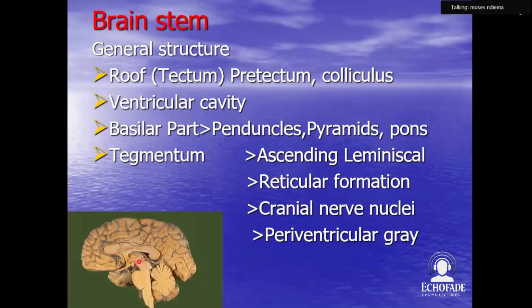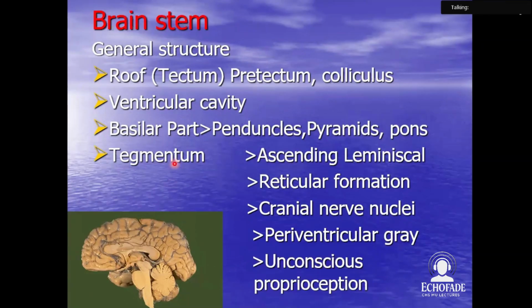Within the midbrain, we have the periventricular gray matter forming part of the tegmentum, sorry. Now, the nuclei of the cranial nerves originate from the brainstem or are associated with the brainstem.